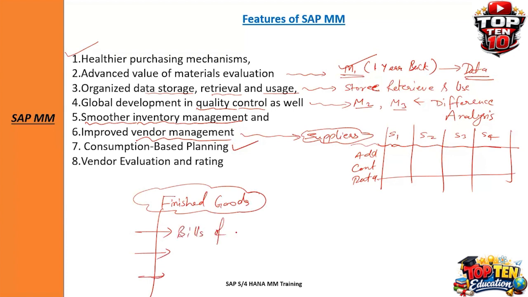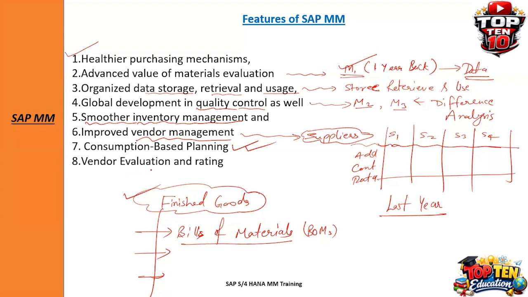We call them bills of materials, BOMs. These bills of materials are nothing but all the materials we are going to use to prepare that finished goods. But we are not preparing those goods in the future; we are already doing that task, maybe like last year, so we can consume those materials. We can do further planning on the basis of that data.